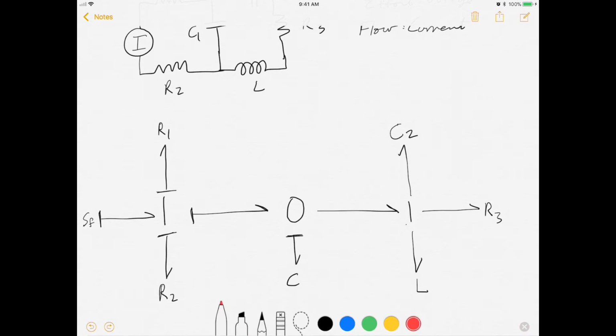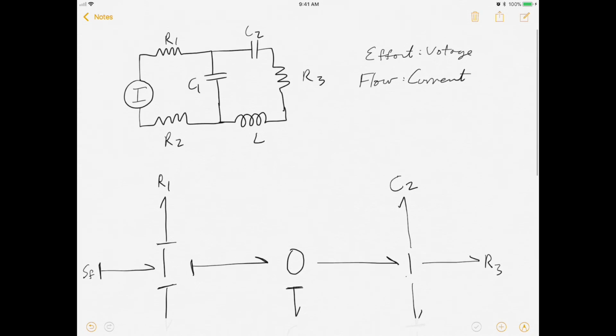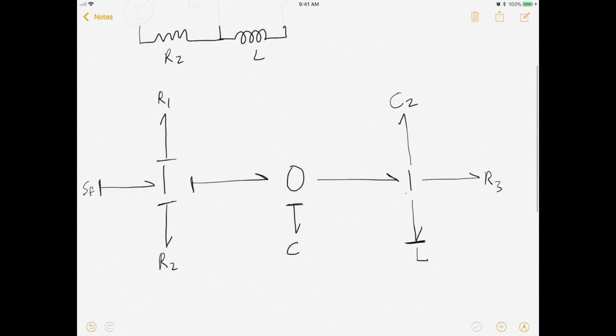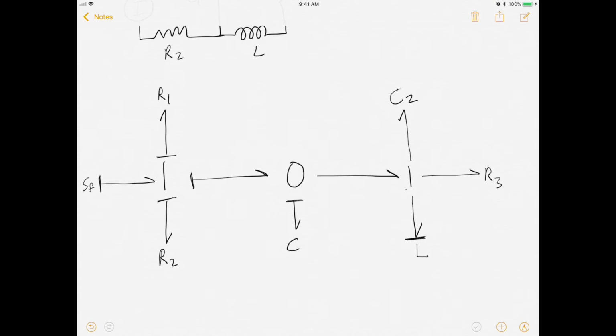The effort for a mass mostly is going to be on the component side. It's going to flow here, and the effort's going to be on the component side right here for an inductor. Any inductive system, you're usually going to have it there. And that'll work out.